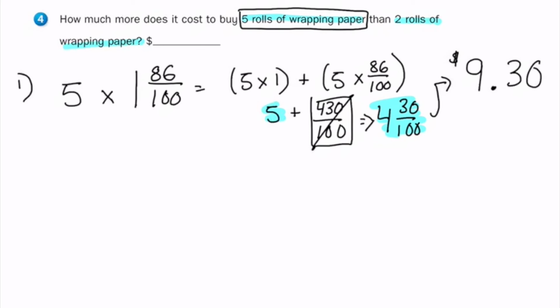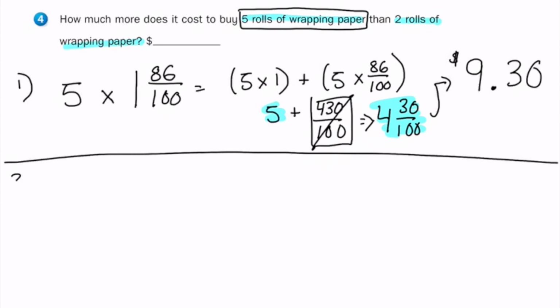Okay. The 2 rolls of wrapping paper is step number 2. If he only bought 2 rolls of wrapping paper, it would be more expensive because it is $2.35, which I can write as 2 and 35 hundredths. So now I'm going to multiply the whole number times the mixed number.